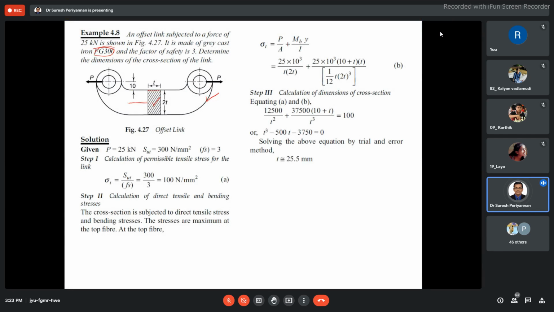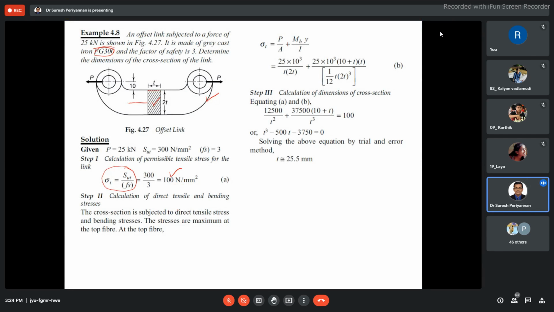Here also, sigma t is equal to SUT divided by FOS. They have given the ultimate tensile strength, FG 300, which means 300 Newton per mm squared, as we discussed in the previous chapter. Then factor of safety is given. This is the limit, sigma t, our design stress.